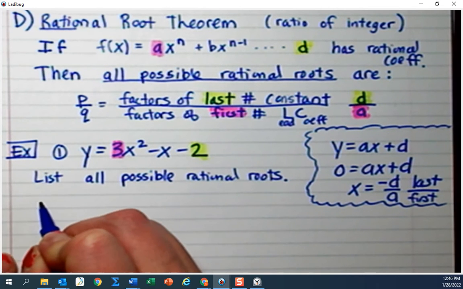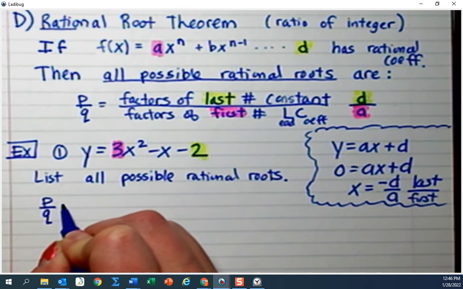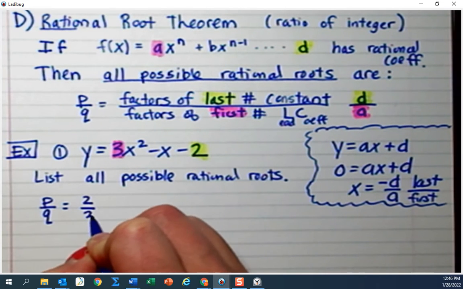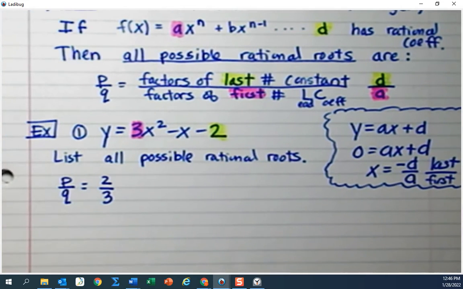So I'm going to start by just writing P over Q. Last number, first number. I'm going to explain why the negative is not included.